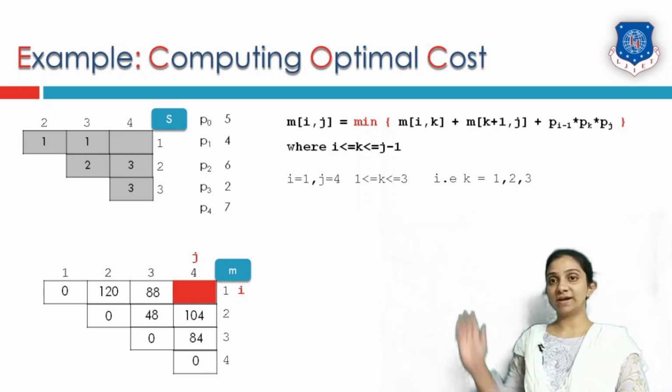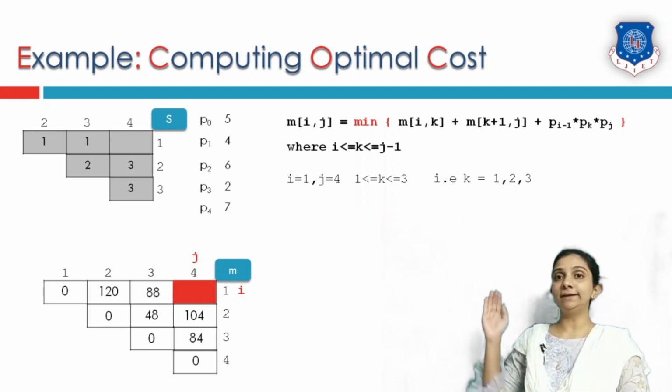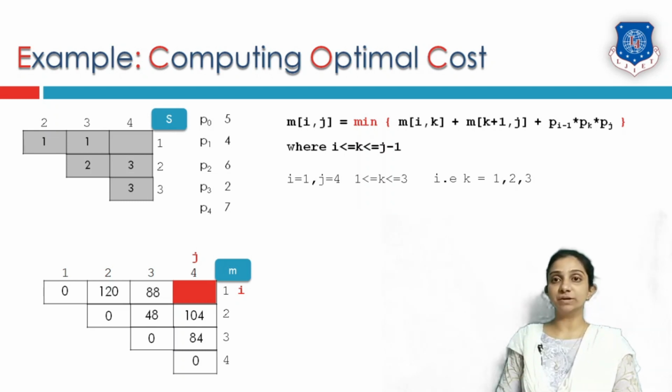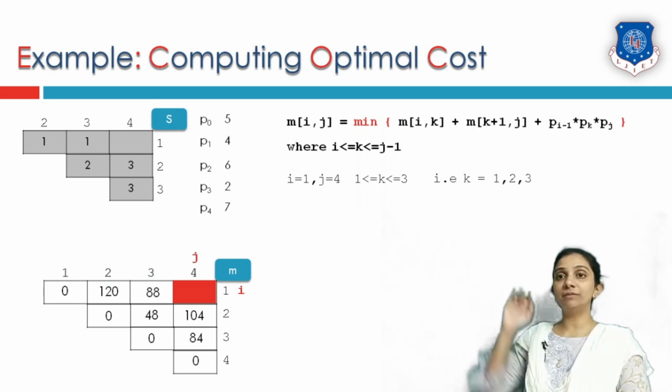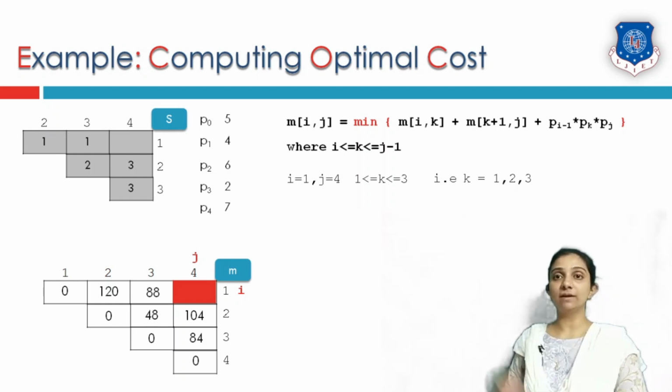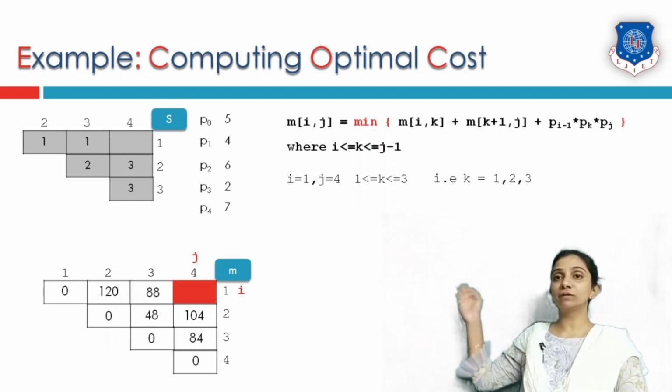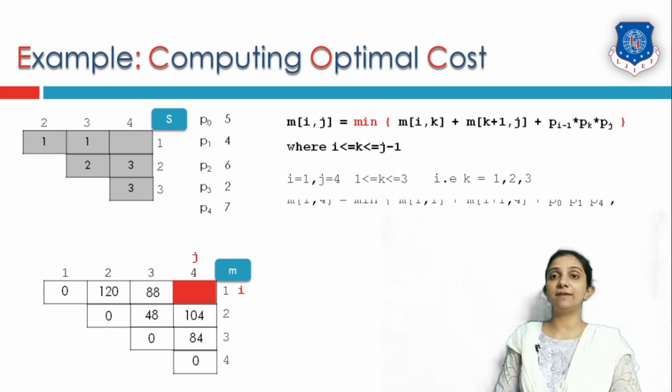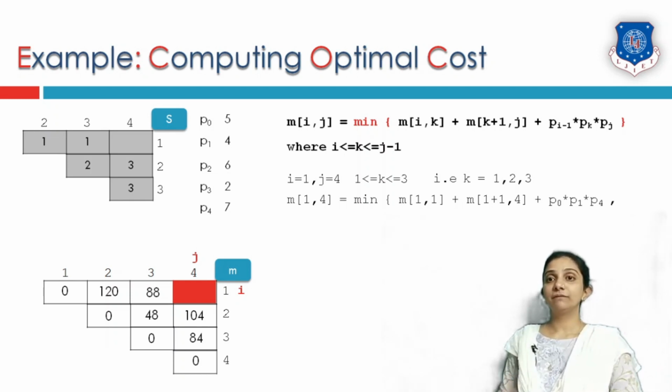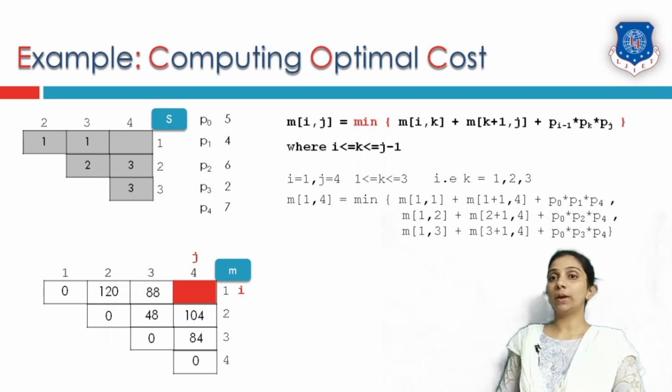So as you know there are three different values of k, for which I have to write down three terms inside my minimum function. The first complete term will be written using k equal to 1. Second, the same term will be rewritten with k equal to 2, and for the third term I will consider k equal to 3. So this is my first term with k equal to 1, the second term with k equal to 2 and the third term using k equal to 3.